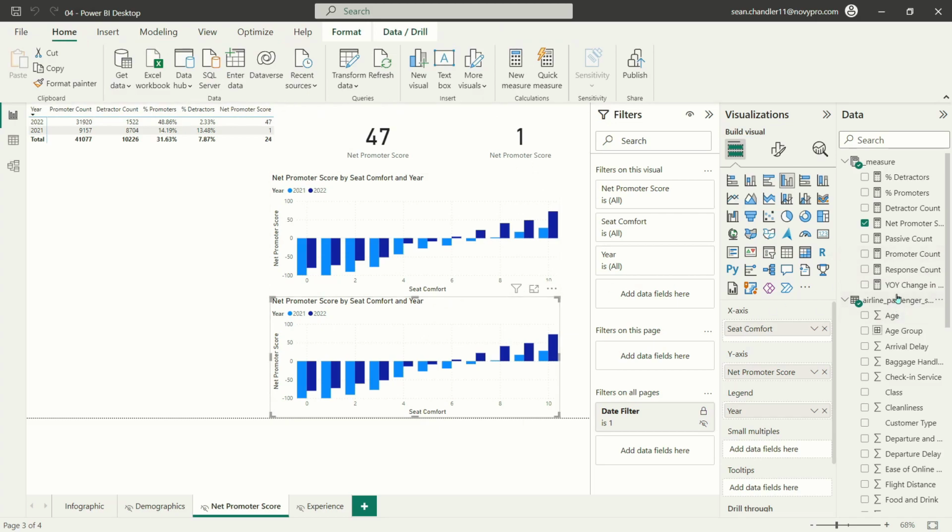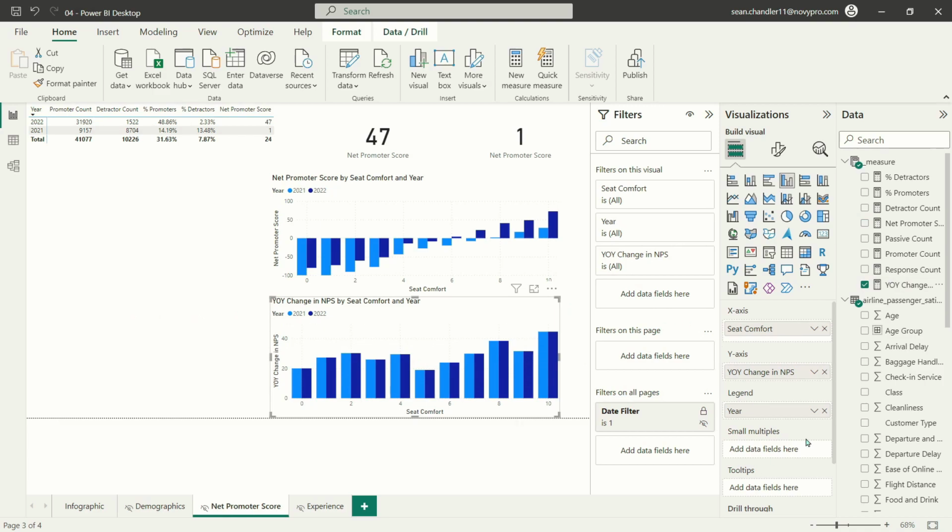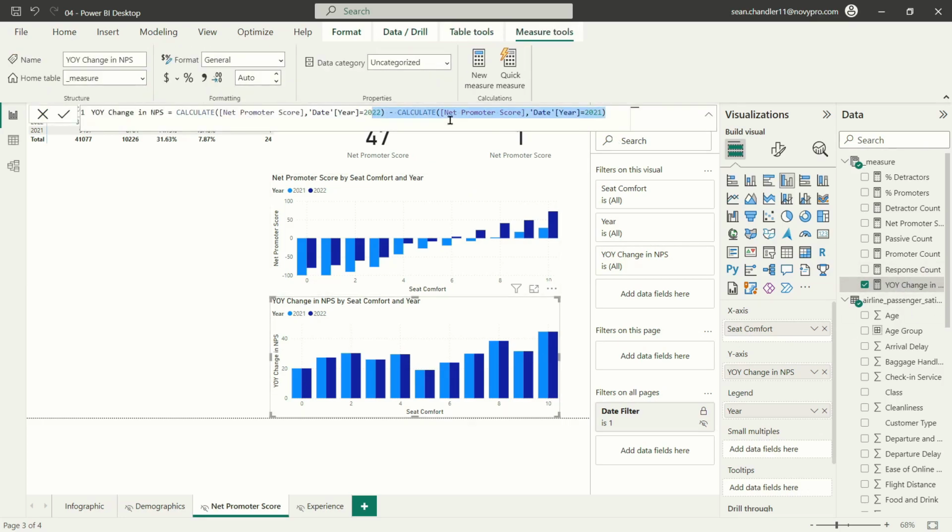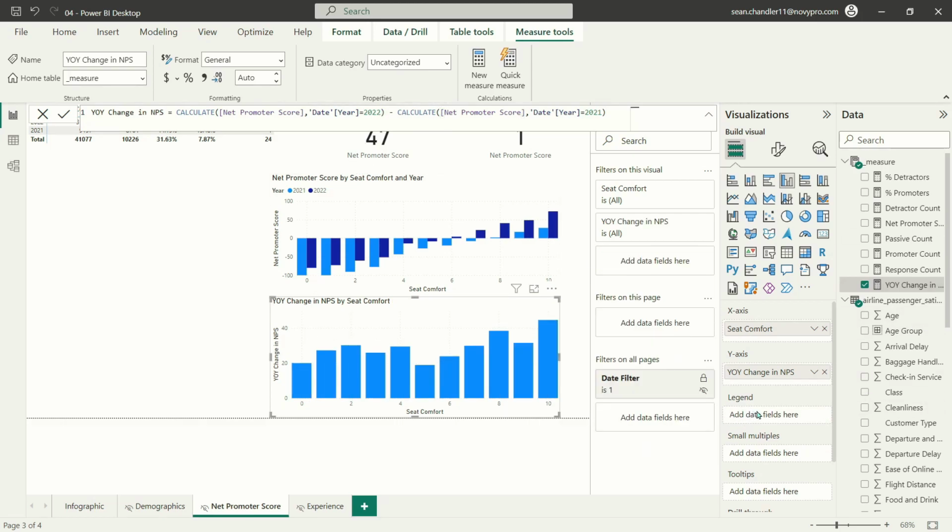And we're going to add that to this section. And I'm going to get rid of year because now year no longer makes sense. You can see that everything is even for 2021 and 2022. And that's because our measure is already filtering based on those 2 years. So we're just going to lose year entirely from our legend so that we can see, for people that evaluated the comfort of our seats, where the biggest change in raw Net Promoter Score was between 2021 and 2022.